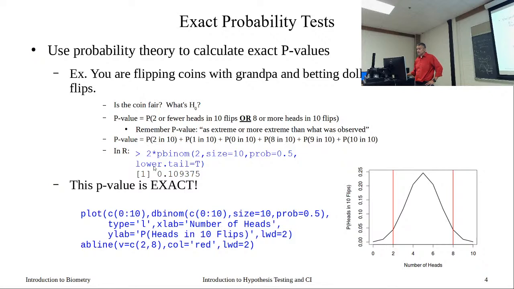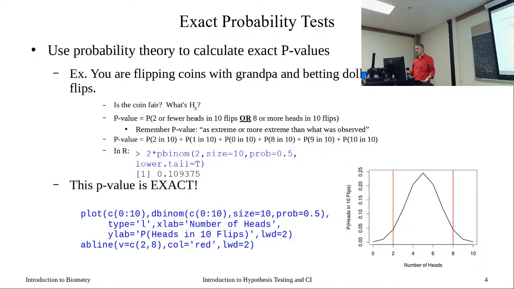So in this case, we didn't make any assumptions. We didn't use any sort of tables. We can calculate the exact probabilities because we can calculate the probability of getting 0 heads, 1 head, 2 heads, 8 heads, 9 heads, and 10 heads. And we add them all up. That's our p-value. So exact probability tests, great.